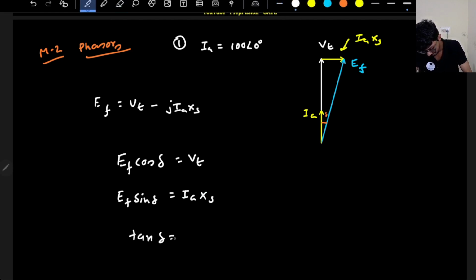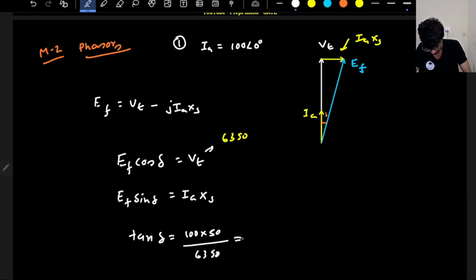That will be IA into XS, that is, IA is 100 into 50 divided by VT. Remember this is per phase, so this is 6350.